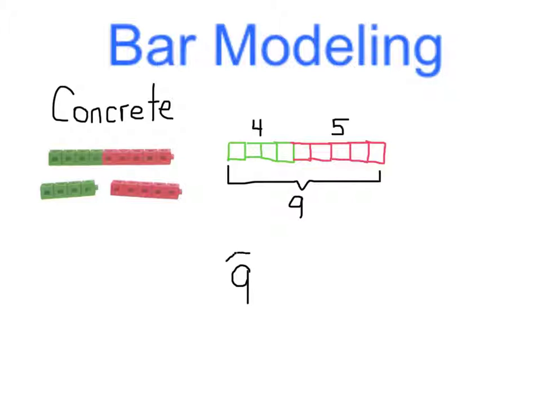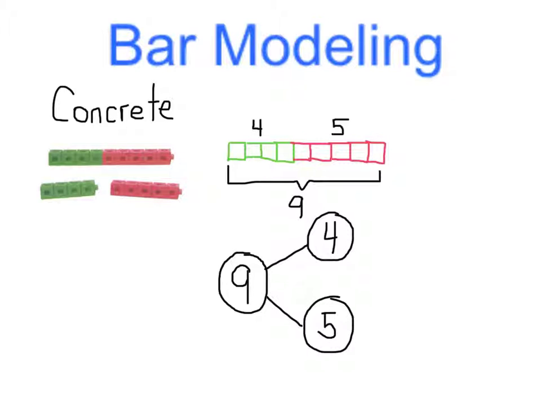Another picture we can draw is the number bond, showing that 9 is the total made up of the 2 parts, 4 and 5. By first investigating concretely with snap cubes or other types of manipulatives, we can then progress to creating a drawing represented by the concrete use of those manipulatives.